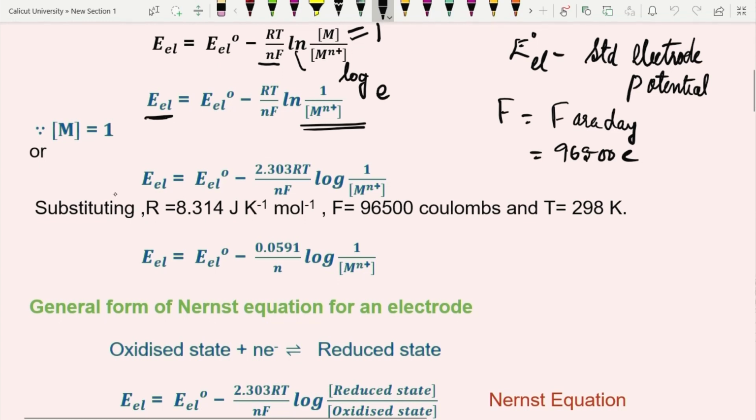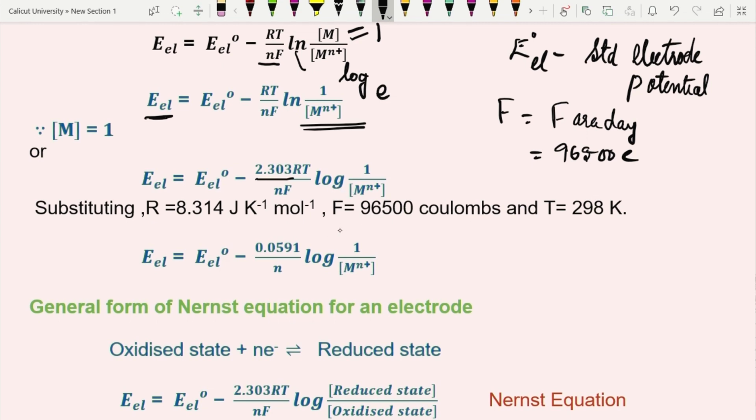We have to multiply the term by 2.303. Now the expression takes the form E of electrode is equal to E naught of electrode minus 2.303 RT by nF log of 1 by the molar concentration of Mn+ ions.